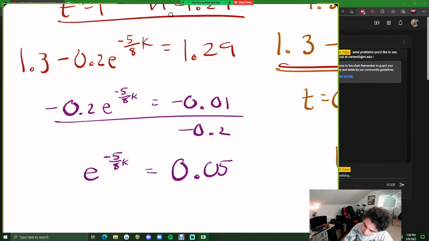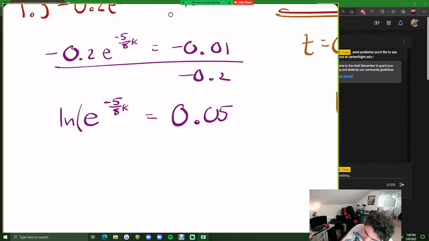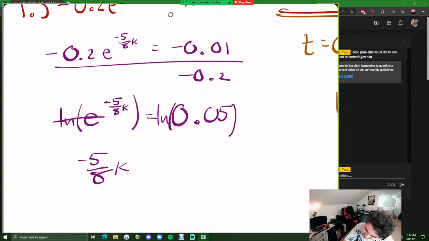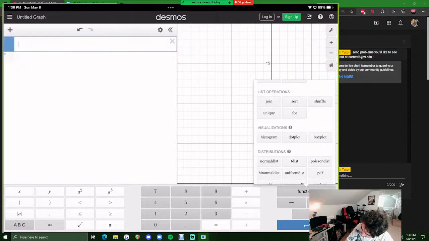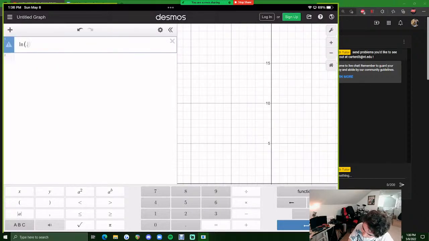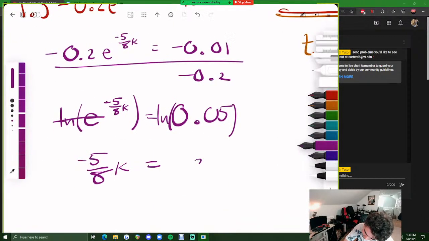And then, to get closer to getting k by itself, we want to take the natural log of both sides to eliminate the e. That'll give us negative 5/8 k equal to ln of 0.05. That's a negative 2.996.